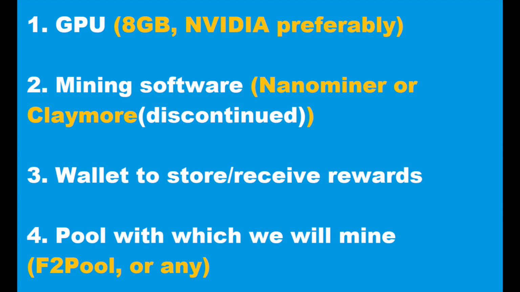Now apart from Nanominer, I use one more mining software for ETC, which is Claymore. But the problem with Claymore is that it has been discontinued, which means the development team does not work on it anymore. There are no further developments on that miner, so you won't be getting any further releases. But it is easier to use if you ask me.